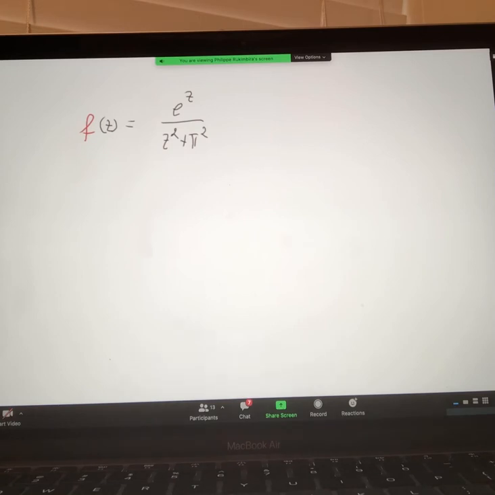From Baruch, I see i pi and negative i pi. These are the singularities. Okay, I agree with that. Now, can you compute the residues at those? They are going to be simple poles, as you can see.